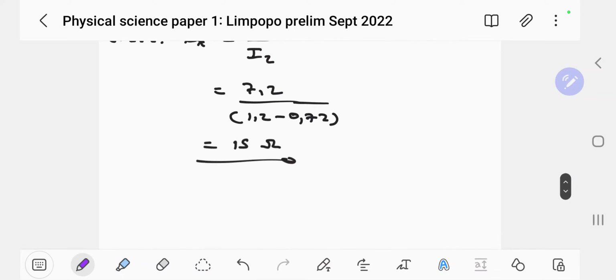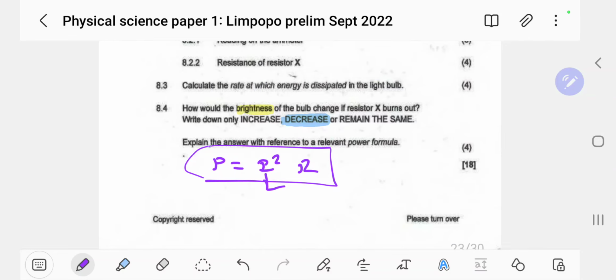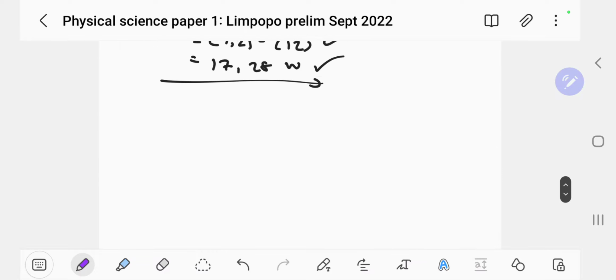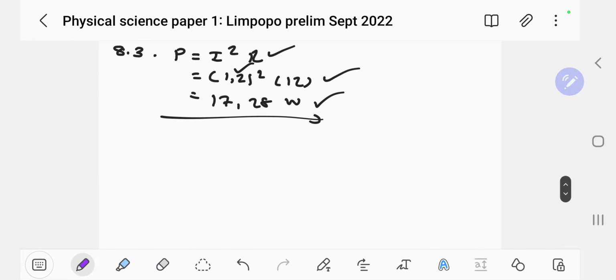I'm not even going to go into detail about that. So explain the answer with reference to the relevant formula. Okay, maybe let's do this one properly. So we have 8.4. We know that it will decrease. So what is the explanation?